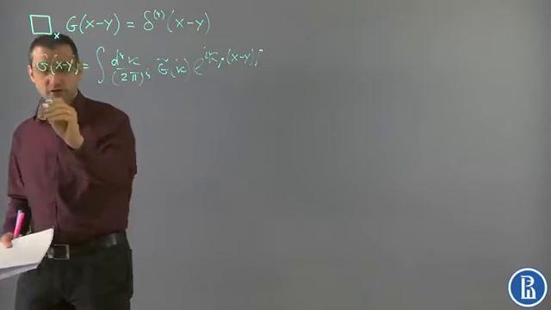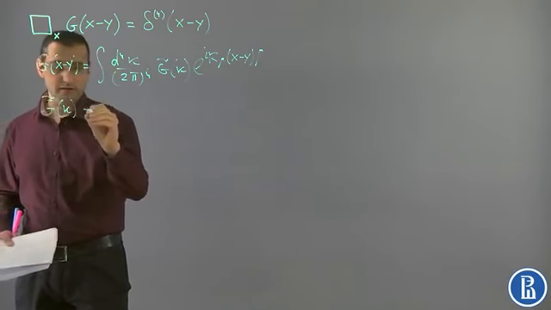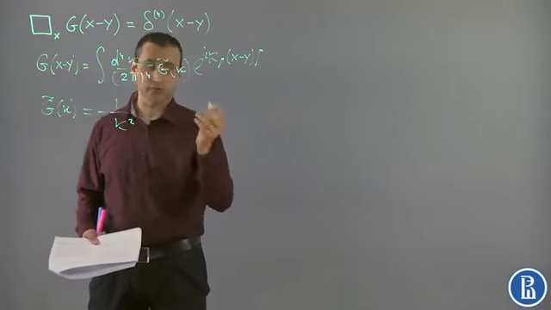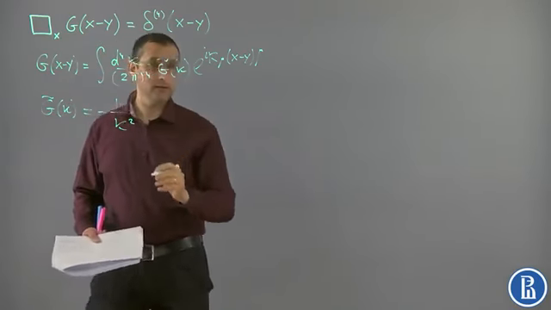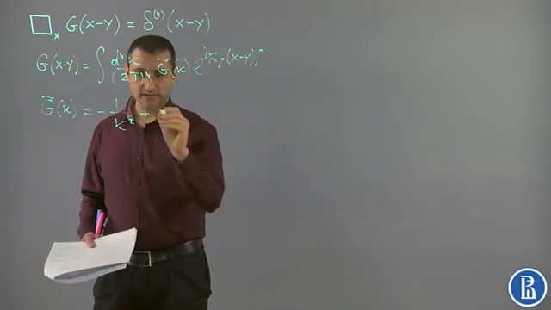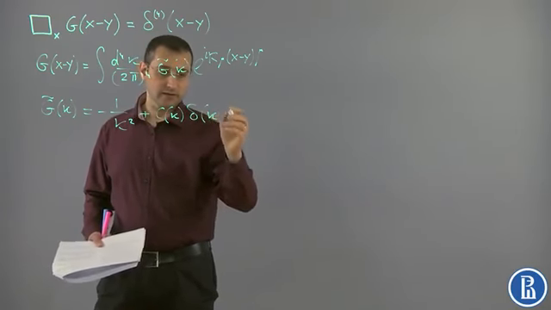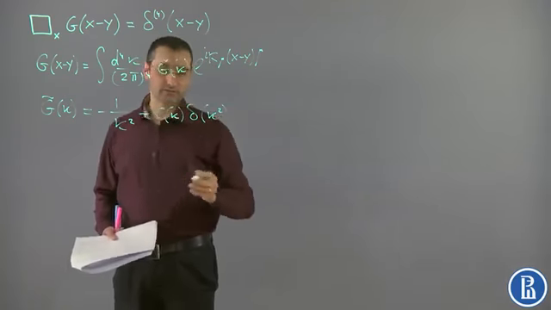And we found that g twiddle of k is just 1 over k squared, where k squared is k_mu times k^mu, it's a 4-vector k_mu, plus some smooth function of k times delta of k squared.